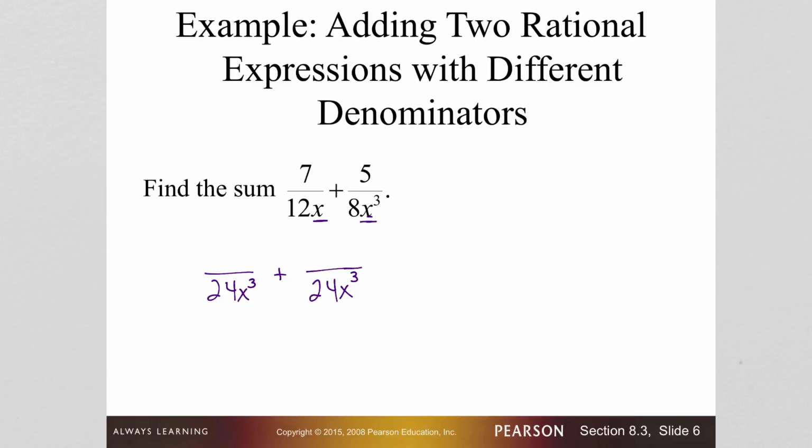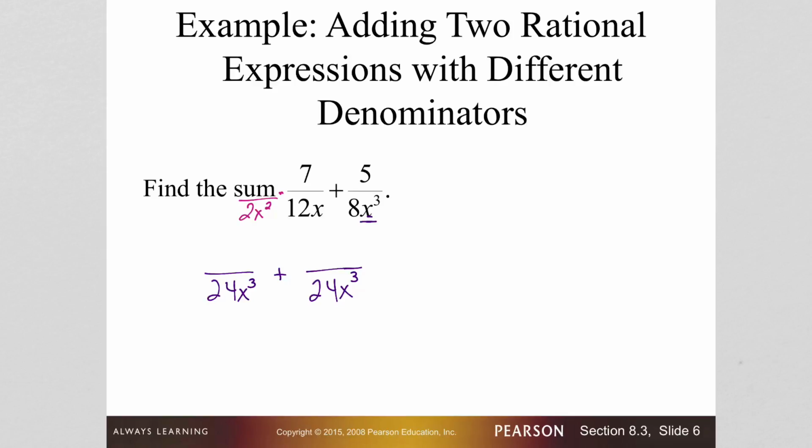Alright, so now you need to ask yourself, what is this thing, 7 over 12x, what do I need to multiply it by to get it to be 24x to the third in the denominator? And so if you came up with 2x squared, you did pretty good.